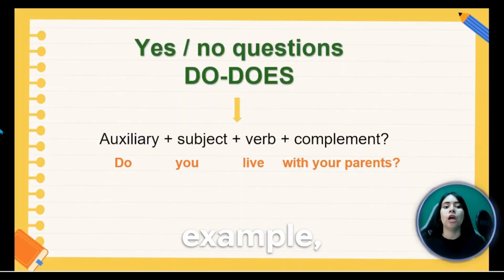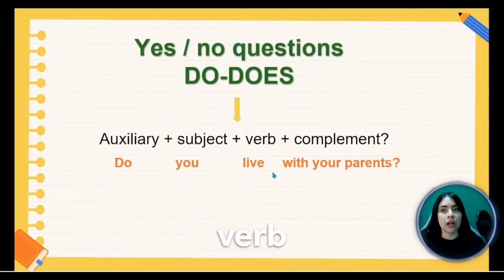For example, do you live with your parents? Auxiliary do, then you, later the verb and the complement. And the answer for these questions is yes or no, but with the auxiliary. Remember, yes, I do. No, I don't.